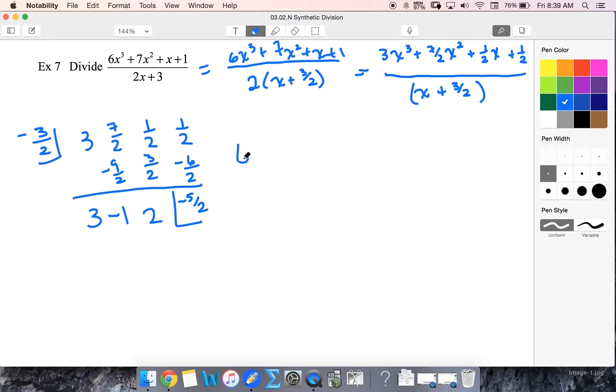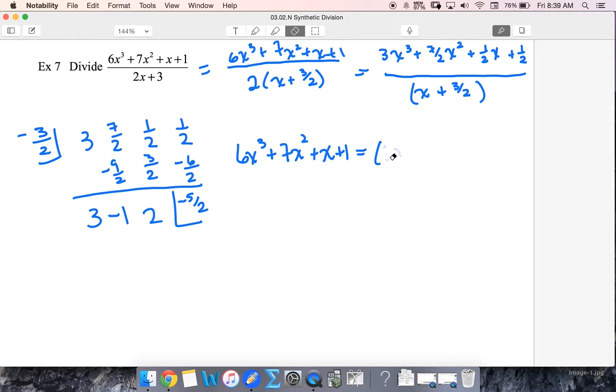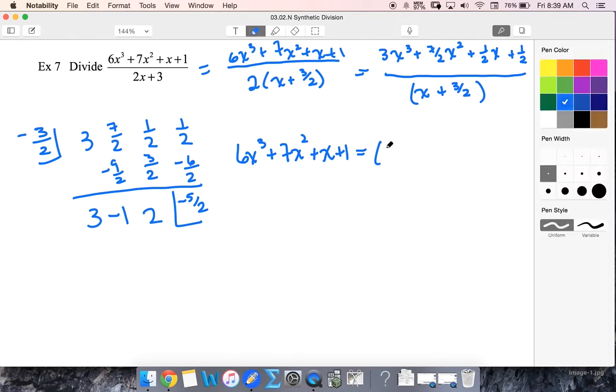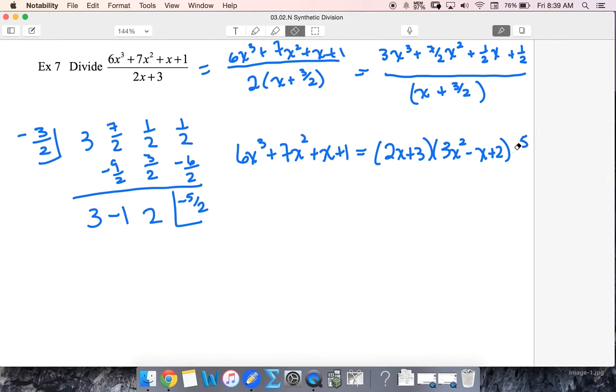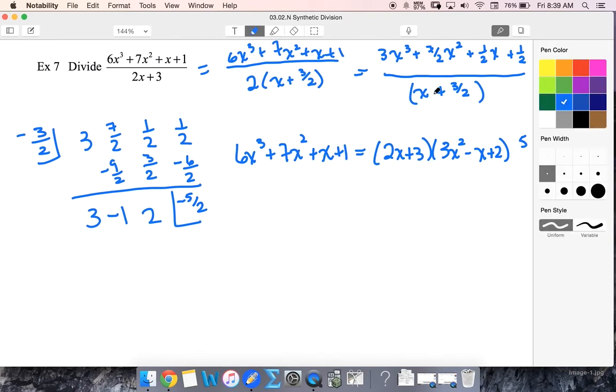This is really me saying that 6x cubed plus 7x squared plus x plus 1 is the same as 2x plus 3 times 3x squared minus x plus 2, minus 5 over 2.